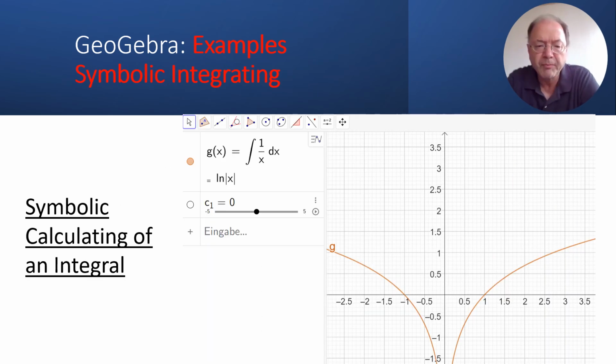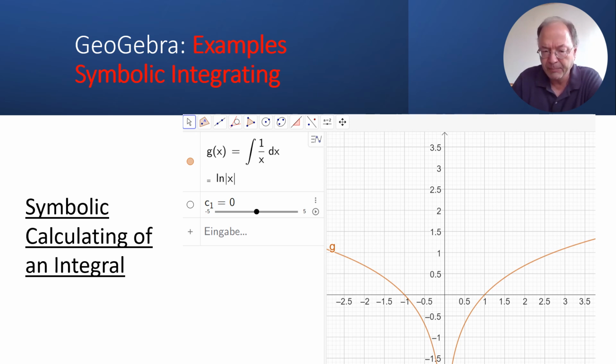You can do symbolic calculation of an integral. That's another example here. Very simple. Integral of 1 over x. I had it integrate. And it gives the correct answer, even together with the integration constant.